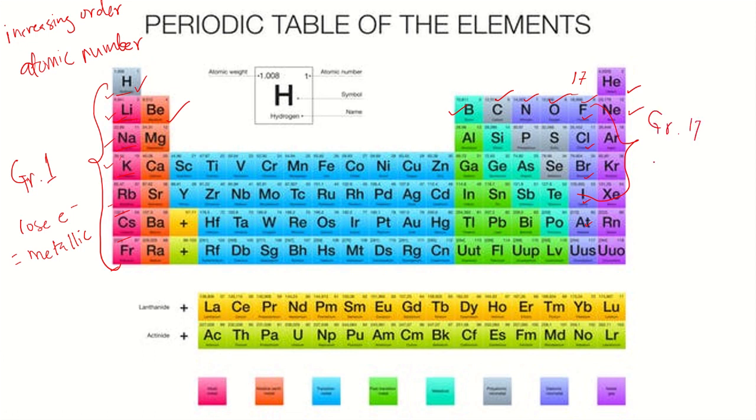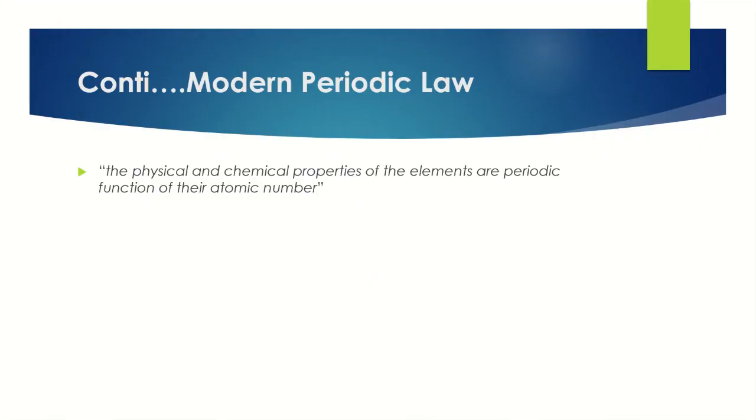The property is they tend to gain electrons. So this we call non-metallic character. What I'm trying to explain here is that the elements that fall under the same group tend to show similar properties. That is explained by our modern periodic law.